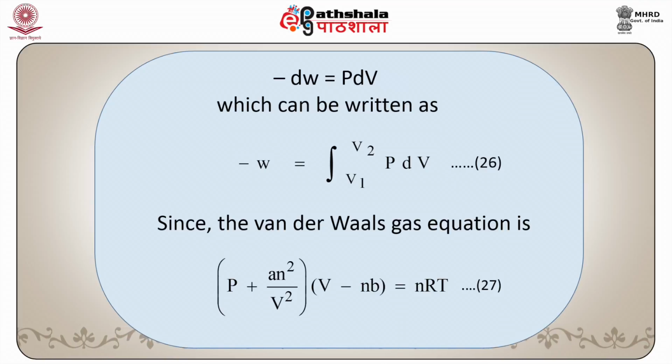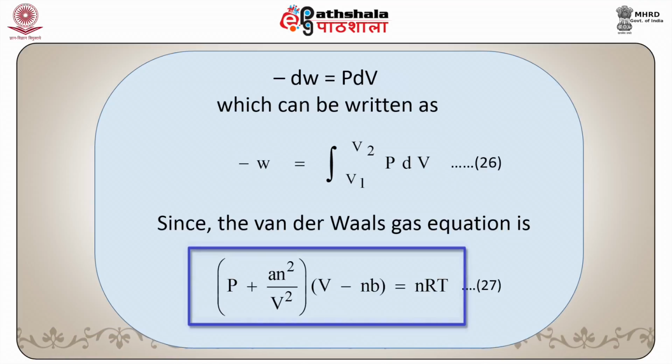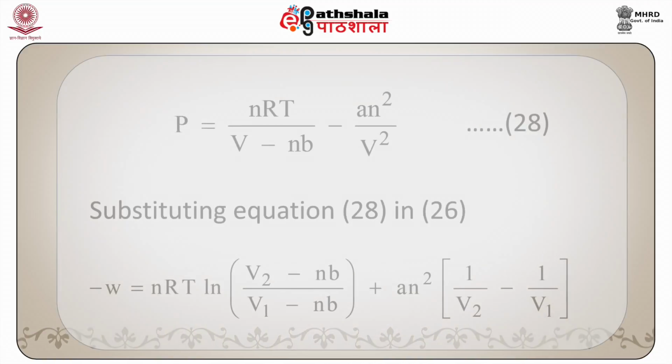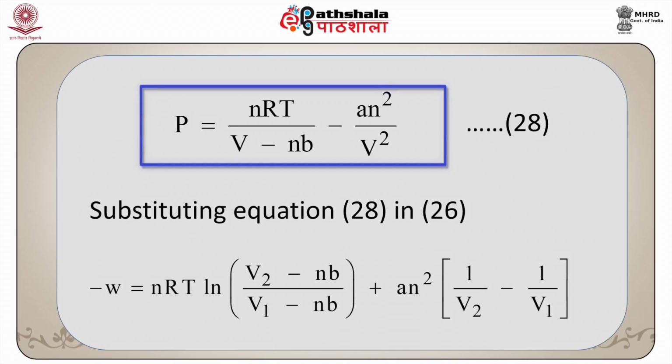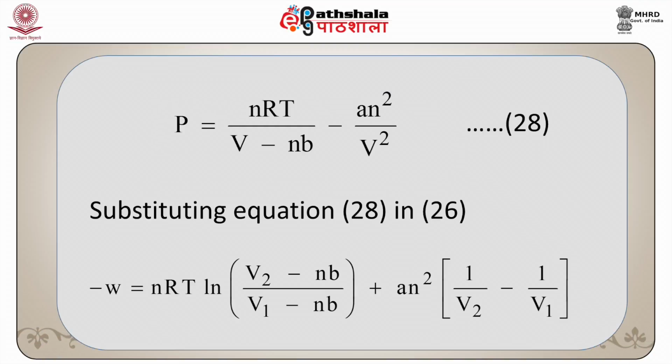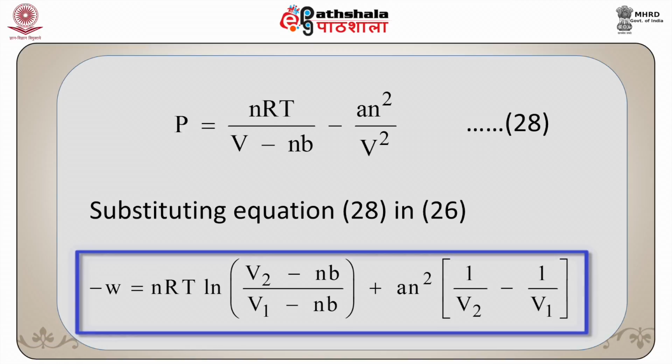Since the van der Waals gas equation is (P + an²/V²)(V − nb) = nRT, rearranging the expression for pressure, we get P = nRT/(V − nb) − an²/V². Now substitute equation 28 into 26, we get minus W is equal to nRT ln((V2 − nb)/(V1 − nb)) + an²(1/V2 − 1/V1).